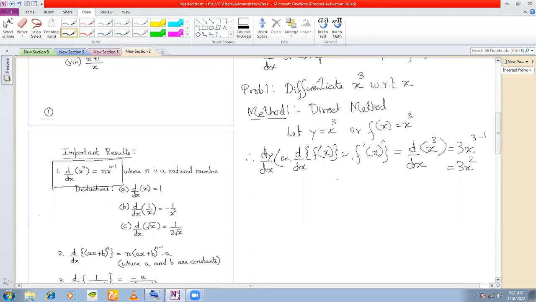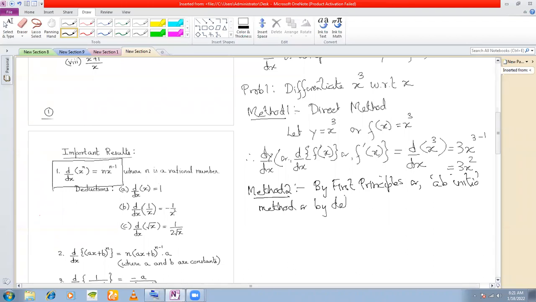Now we come to the limit method, but the direct method I wanted to discuss first. Then we'll do the limit method. Method 2 is the limit method by first principles, or ab initio method, or by definition.